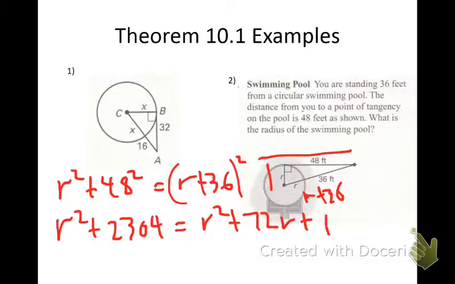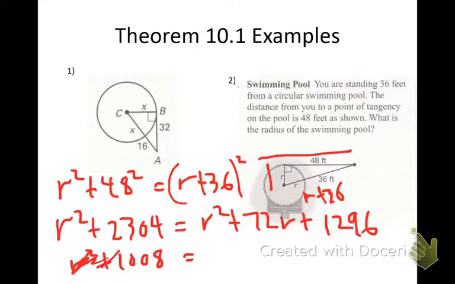1,296. Subtract that from 2,304. What do we get? 1,008. So it's going to be r squared plus 1,008 equals... no, the r squareds go away.